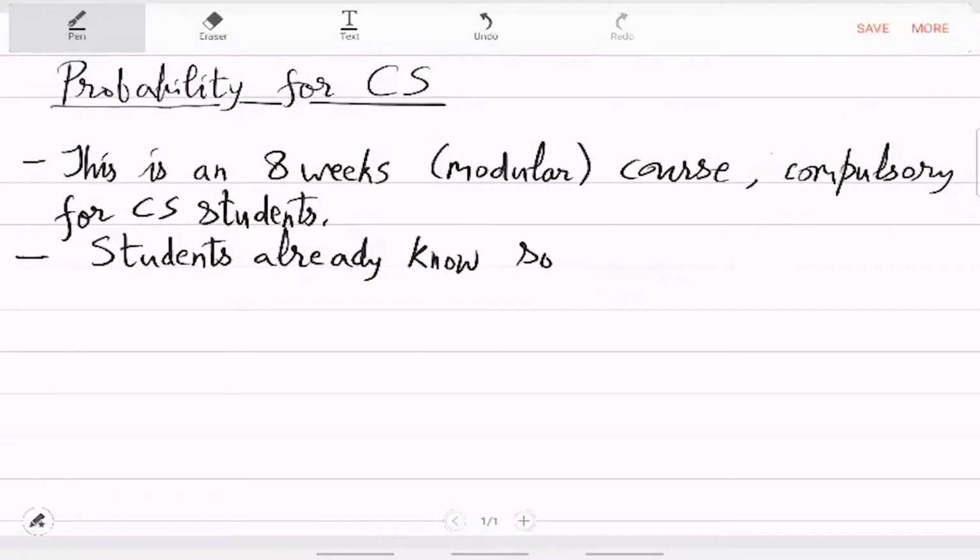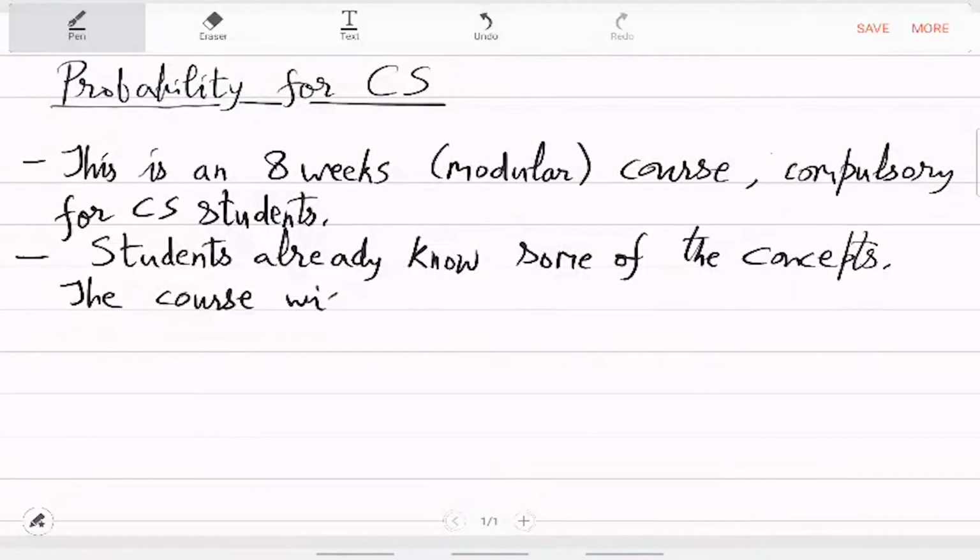Well, because this will consolidate those concepts and give you far more examples to think about and to remember and then to apply. So, the course will consolidate those concepts and give many examples.